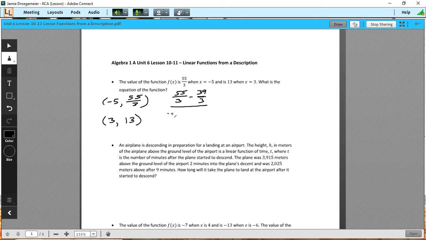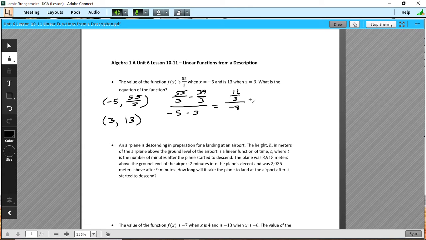And then the difference between our x values, -5 minus 3. All right, well, 55 thirds minus 39 thirds. 55 minus 39 is 16. So that's going to be 16 thirds in the numerator. Denominator, -5 minus 3. That's -8.